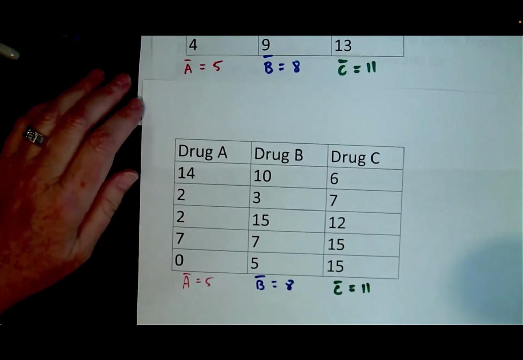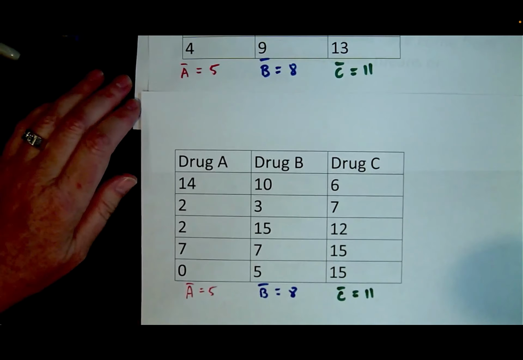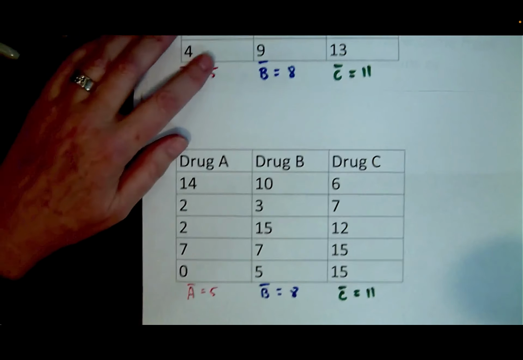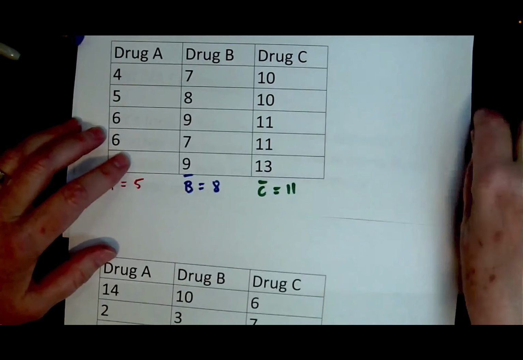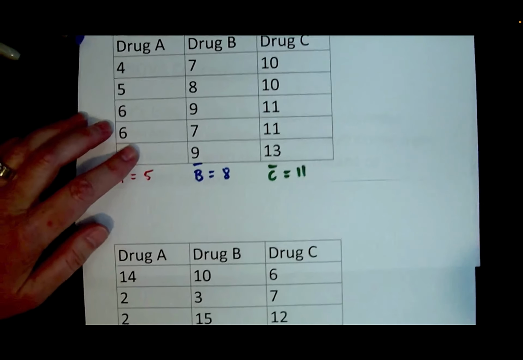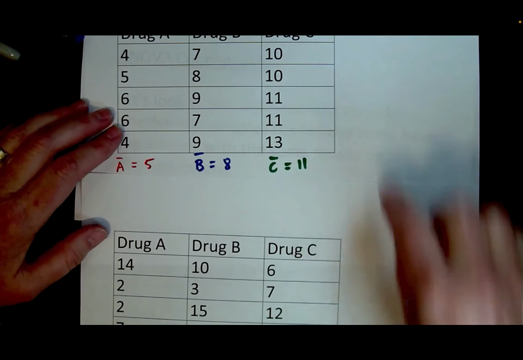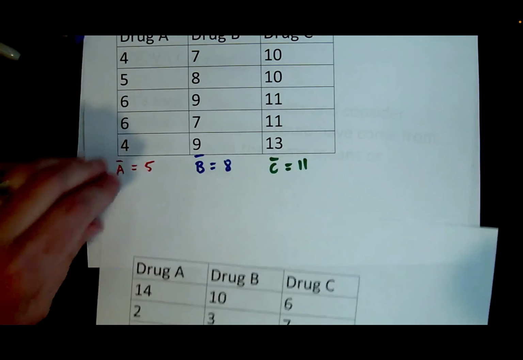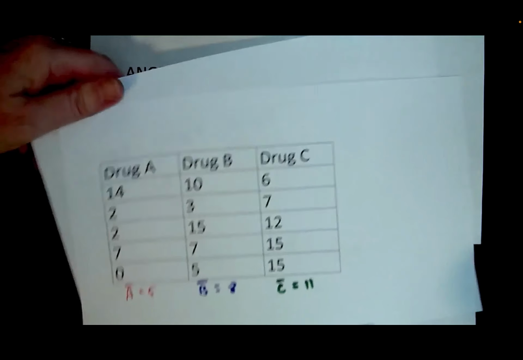Now, what I'd like to do is a graphical representation of each of these sets. In your notes, you have a straight line, intended as a number line, to the right of each of these. That's what we're going to be filling in now.